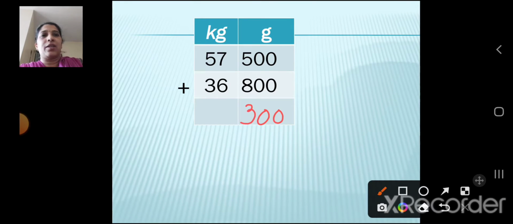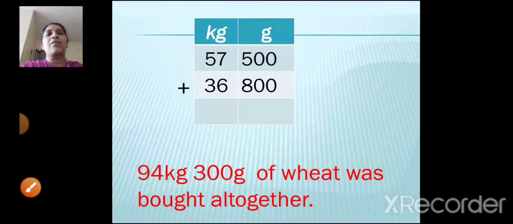So 3 written down, 1 carried over. 7 plus 1 is 8. 8 plus 6 is 14. 4 written down, again 1 carried over. 1 plus 5 is 6. 6 plus 3 is 9. So we got the answer 94 kg 300 gram. So we'll write the final answer. 94 kg 300 gram of wheat was bought altogether.